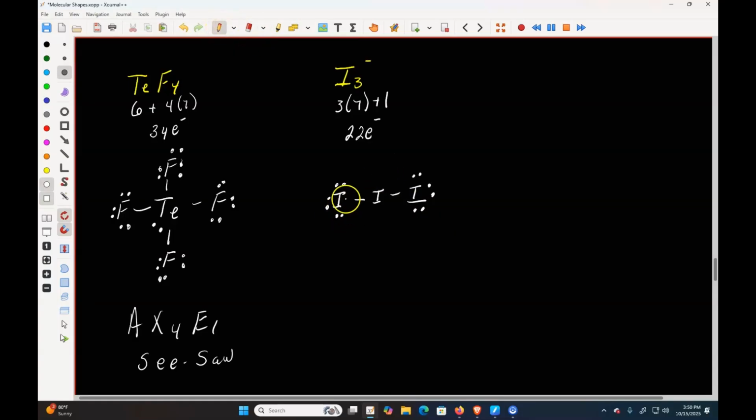Okay, so I have 8 plus 8 is 16, 17, 18, 19, 20, 21, 22. So it's an AX2E3. All right, so an AX2E3 is a linear compound.